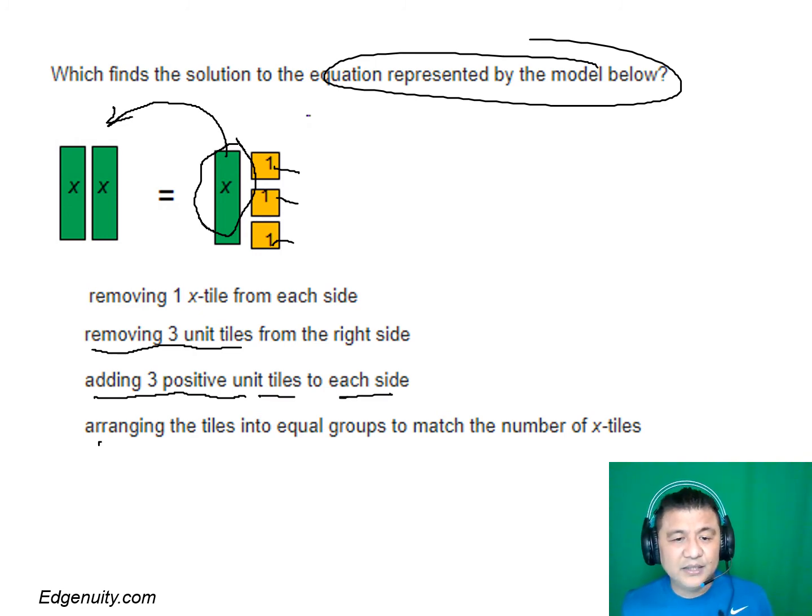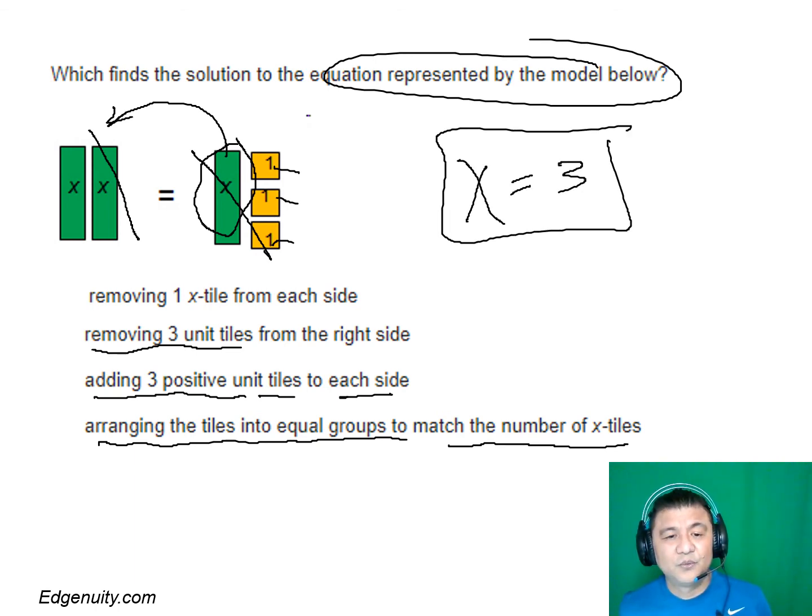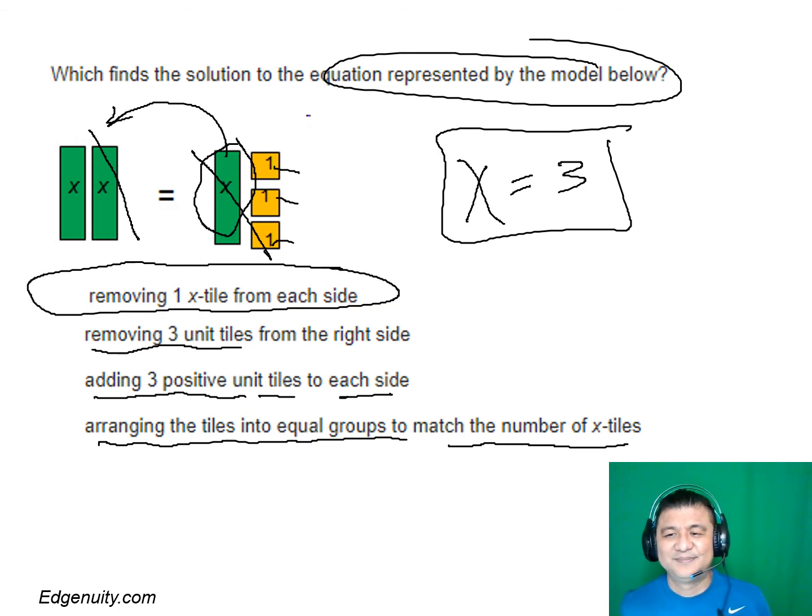No. Will I arrange them into equal groups and match the number of tiles? No. Look, what do I do? If I want to get rid of it, I will remove 1 x tile from each side. So I subtract: I remove this x, I remove that x. So what remains is x alone. x is equal to 3. Whatever you remove on the left, you remove on the right.